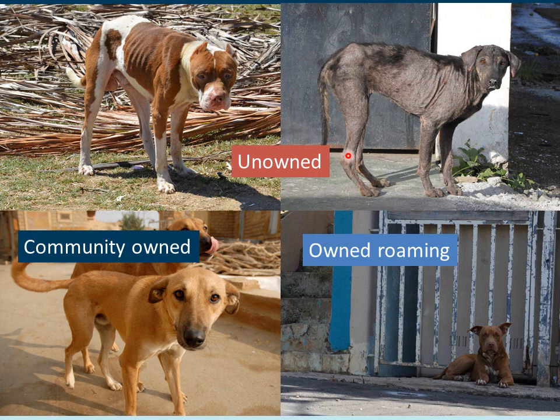And then up here we have this unowned dog population. On the top left here we have an abandoned owned dog in Puerto Rico, a pit bull type who is in a pretty poor state. And then this is a dog here that was in Panama City, presumably also an abandoned owned dog, because the survival of puppies on the streets in that city appeared to be quite poor, and he's also not in a good state of welfare.